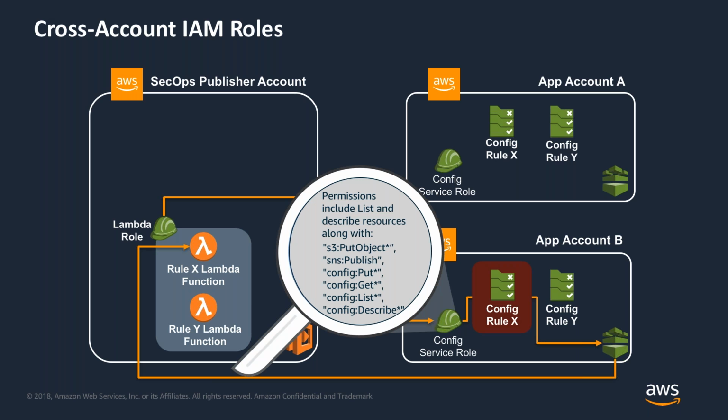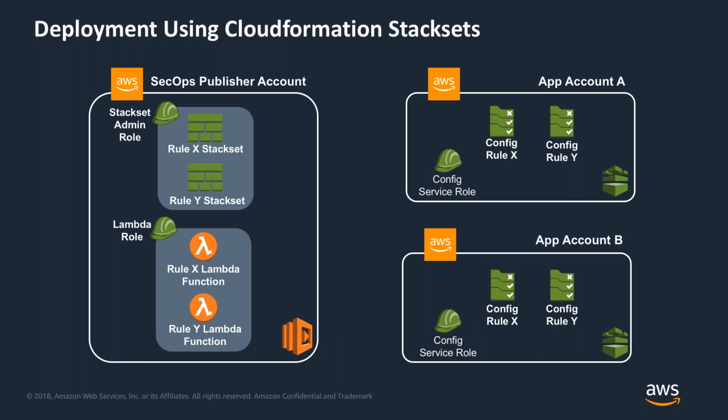Let's have a look to see what the permissions need to be for the AWS Config service role, which the Lambda role will assume. So permissions actually include list and describe resources, along with S3 PutObject, so you can put evaluation information back into an S3 bucket that you specify, SNS Publish, so you can be notified when evaluation results change, config Put, again, to put the evaluations back to the Config service, config Get, config List, and config Describe.